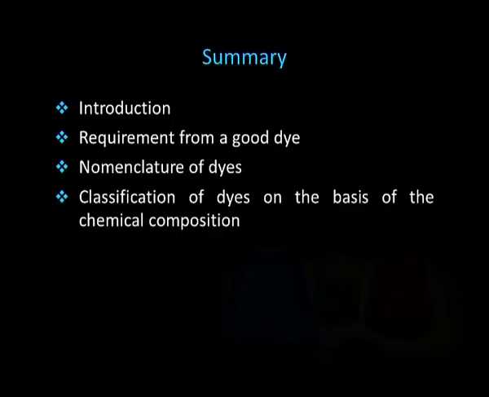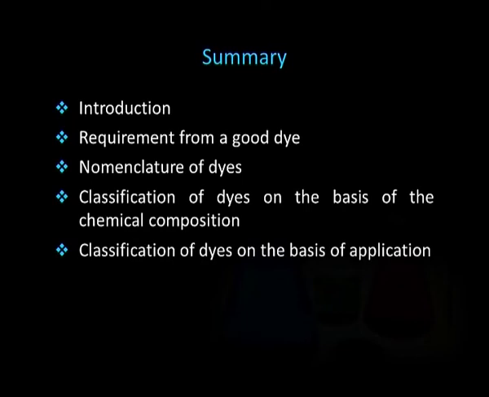Then we have discussed the classification of dyes on the basis of chemical composition and classification of dyes on the basis of application. We have not discussed the classification of dyes on the basis of chemical composition in detail. In the next episode, we will discuss all these classes of dyes like acid dyes, azo dyes or triphenylmethane dyes.